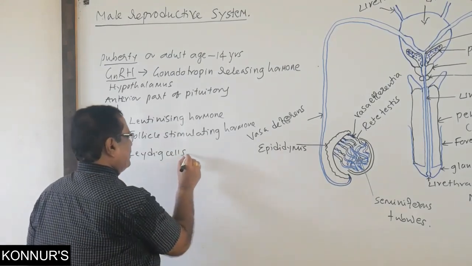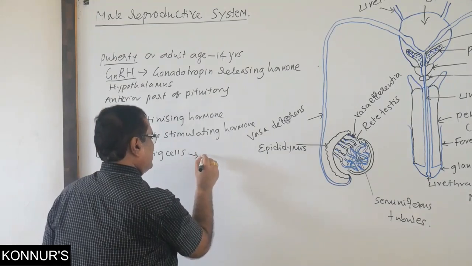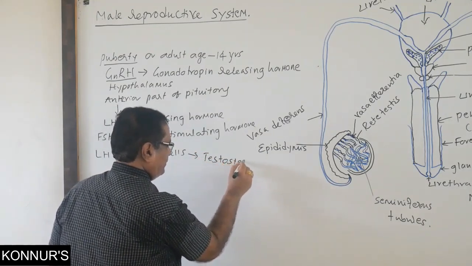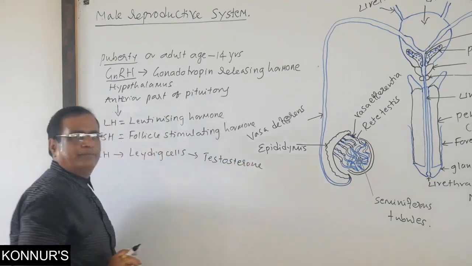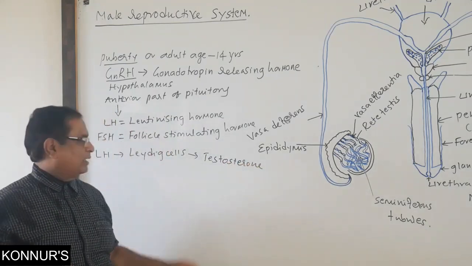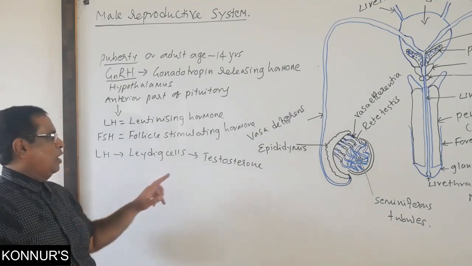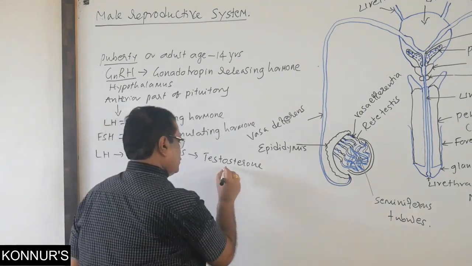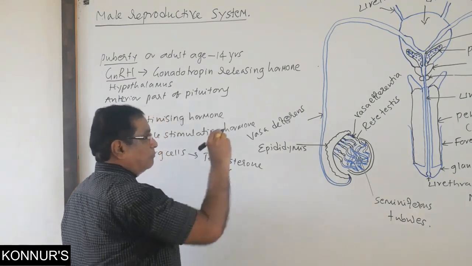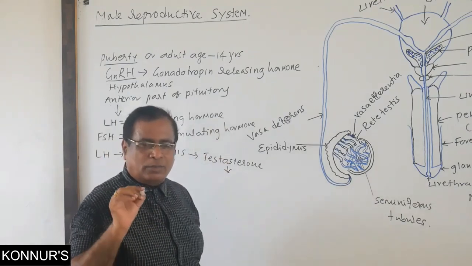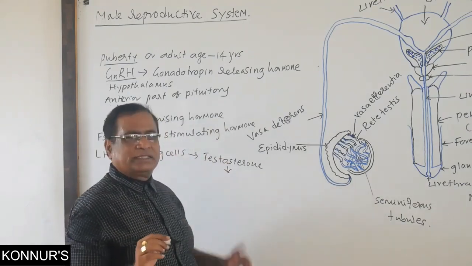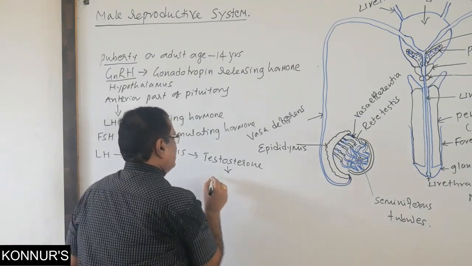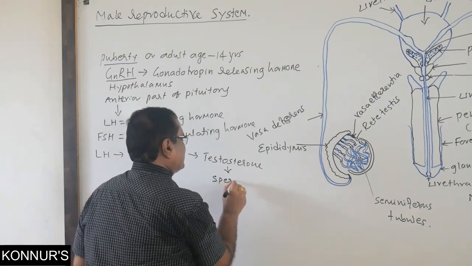Leydig cells produce androgens like testosterone. Once testosterone is produced, it in turn stimulates seminiferous tubules where spermatogonial cells are present, and they undergo spermatogenesis.